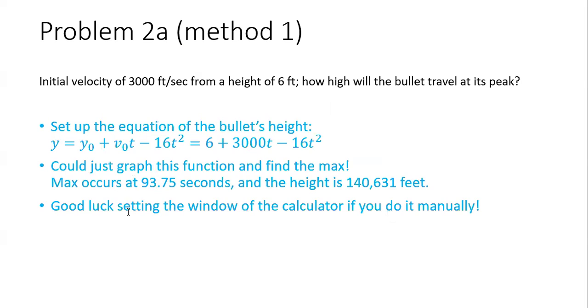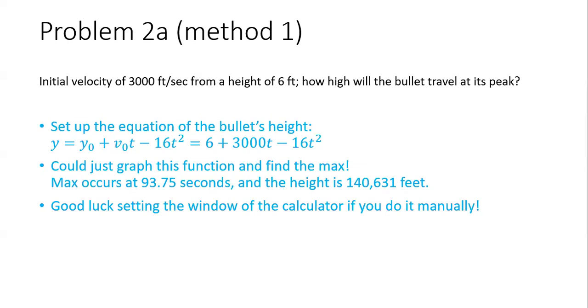From 0 seconds to 93.75 seconds, it traveled this many feet, 140,631. Okay. So it traveled at least this, and then it starts going down. So we need to count how much it went down. So we want y of 100, because we want the height at time t equals 100.